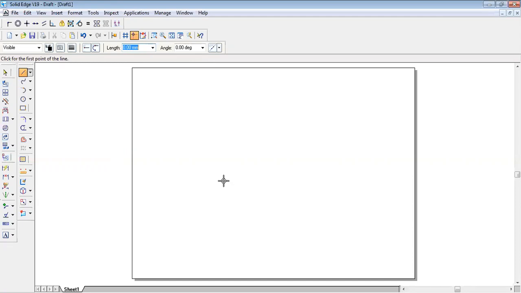How to construct a pentagon is known to you. If we have a 40 mm pentagon, how to begin? First, the length is highlighted. Length is 40.